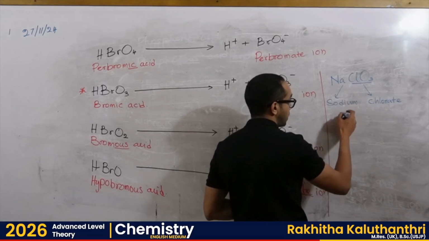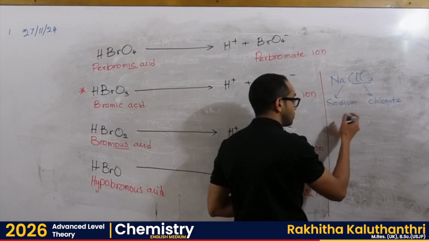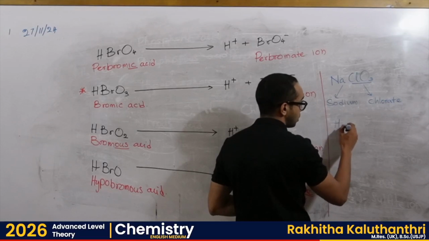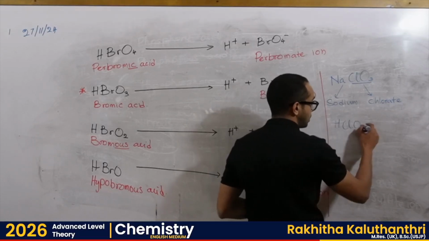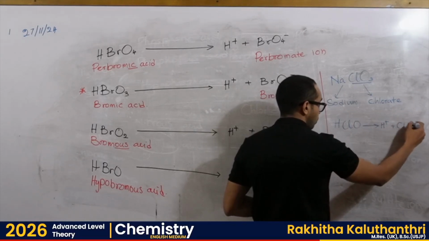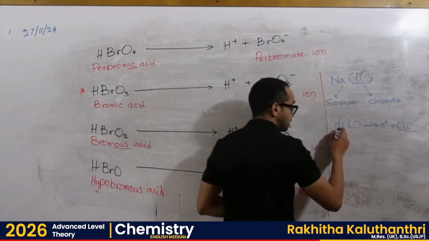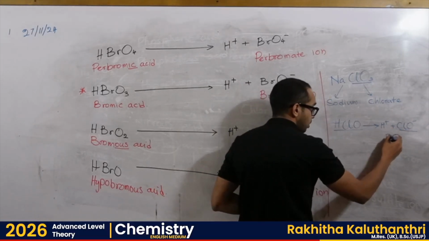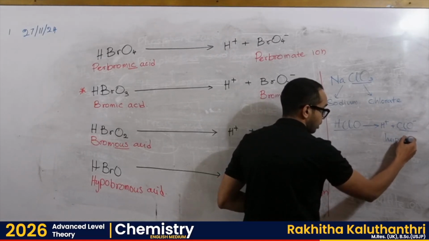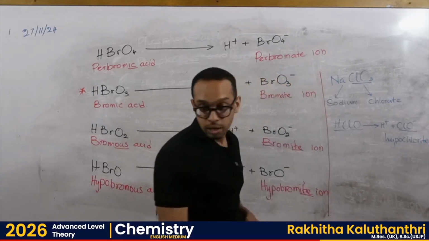Now if I am given another acid, let's say hypochlorous acid, which is HClO, I know its anion would look like this. The cation is here and the anion is ClO. Now what is the name of this ion? This is called hypochlorite ion.